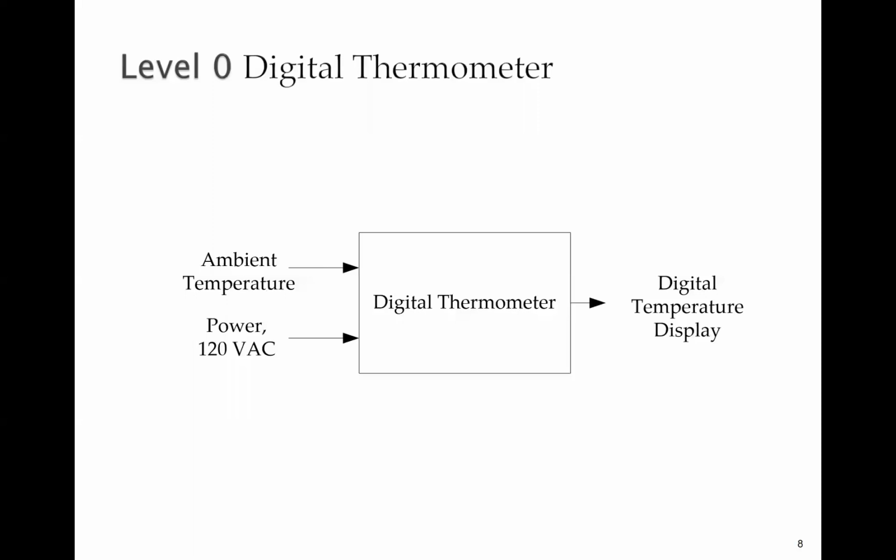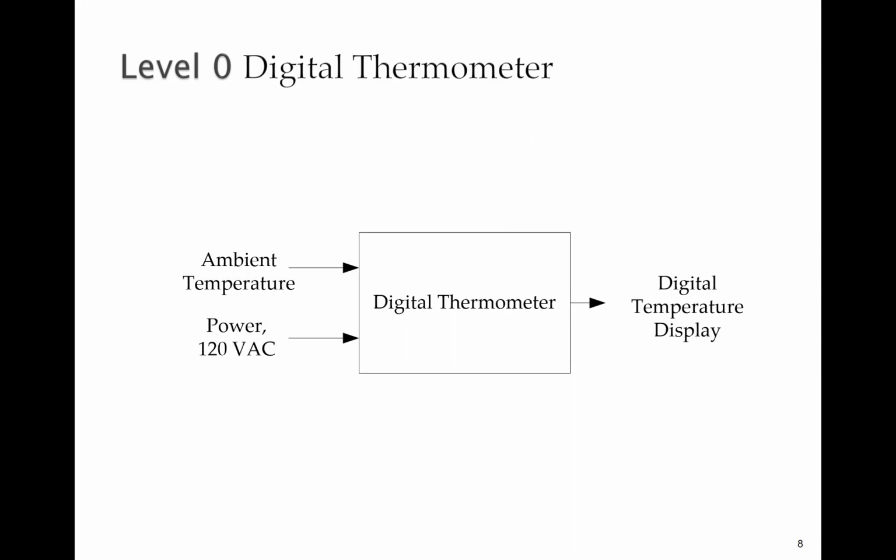So here, then we can draw a block showing the level 0 design. We have inputs here. There are two inputs actually. First is the temperature in the environment, so ambient temperature.